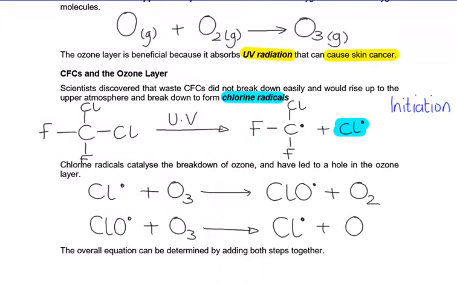So the reason that it catalyses the reaction is because chlorine radicals come in at the start but come back out at the end. They are regenerated. These 2 steps that have radicals at the beginning and radicals at the end are examples of propagation steps, because they propagate the reaction, keep it going.